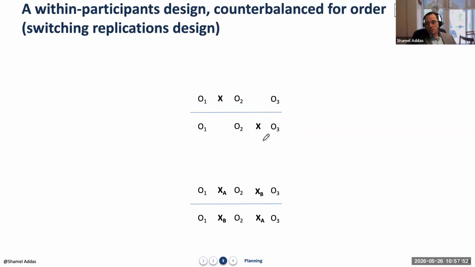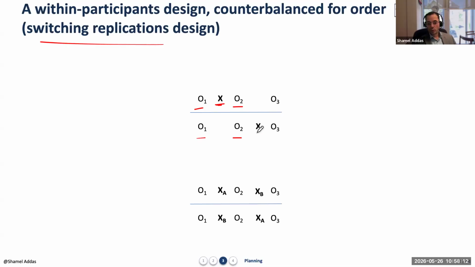This is a different one. So this is called switching replications. So we have 2 groups. We have pre-measures. So at time 1, both groups get measured. And then we administer the treatment to one group. And then we measure the outcome. And then we switch.